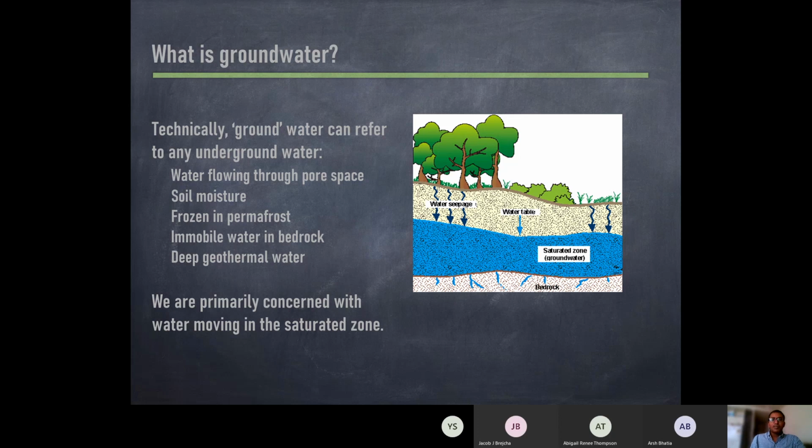But we are primarily concerned about the blue area, the saturated zone, because this is the area where you can extract water economically. So when we do groundwater resources modeling, we mainly concentrate on this saturated zone.